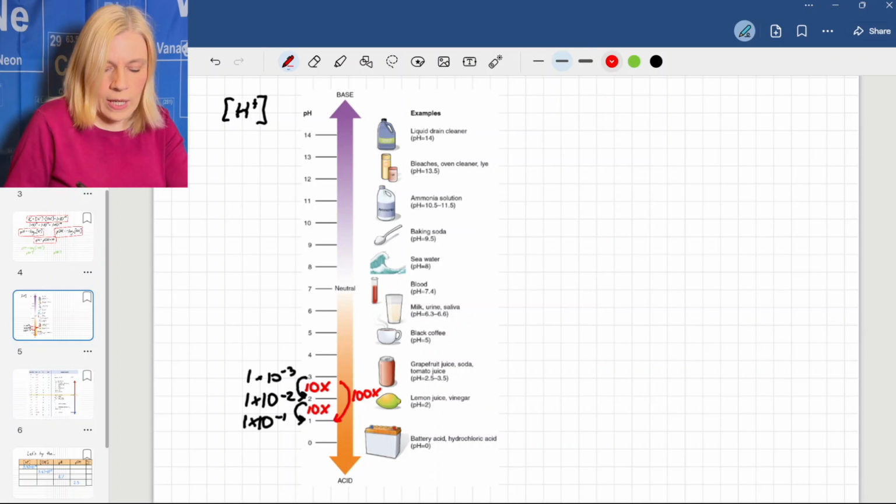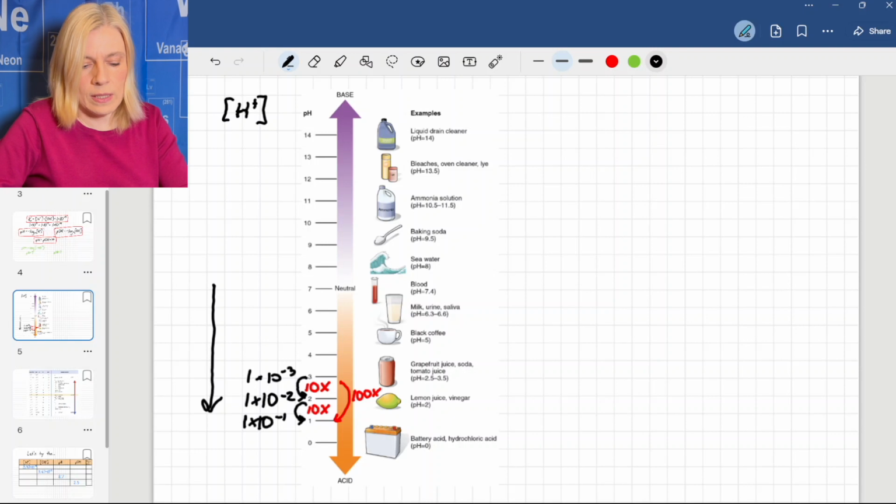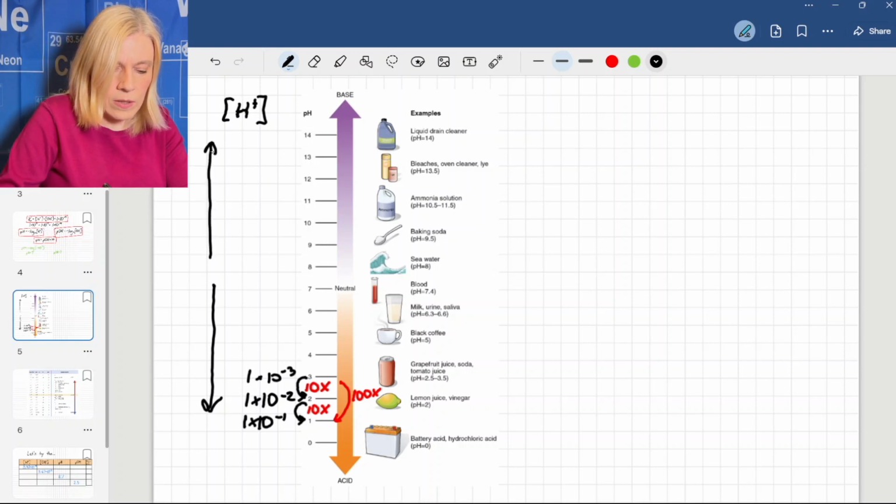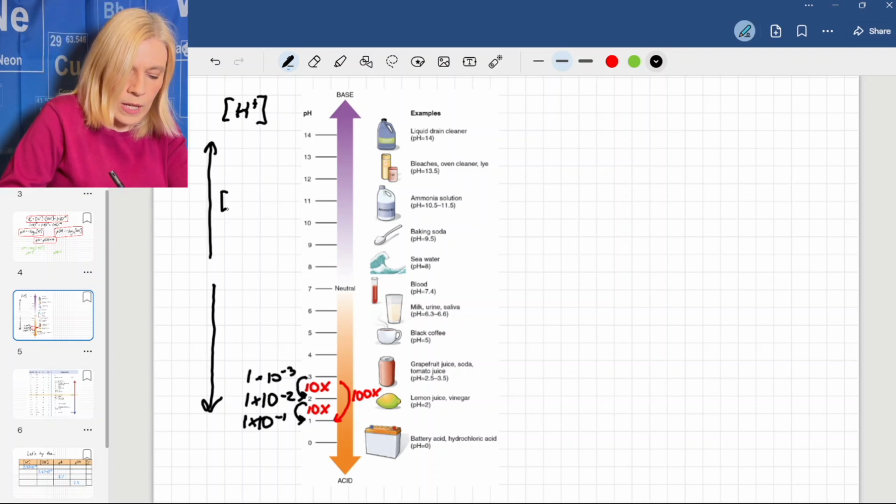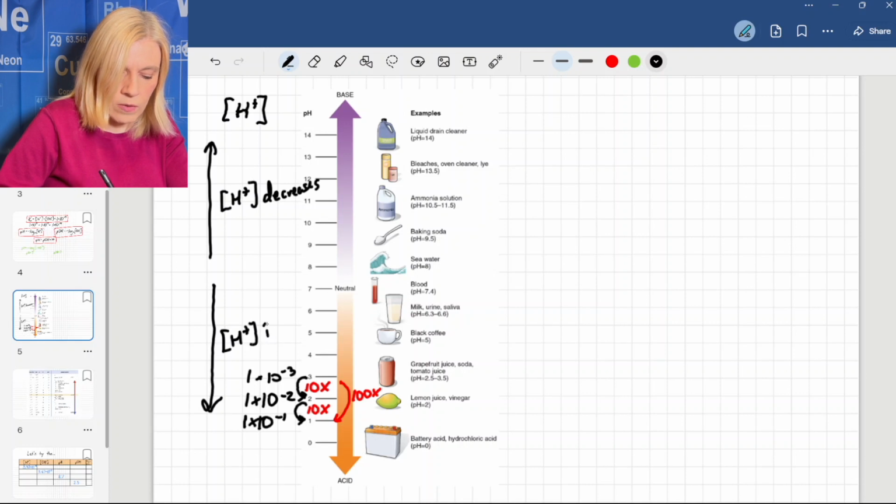So as we go this way, the H plus concentration increases. And as we go the other way, my H plus concentration decreases.